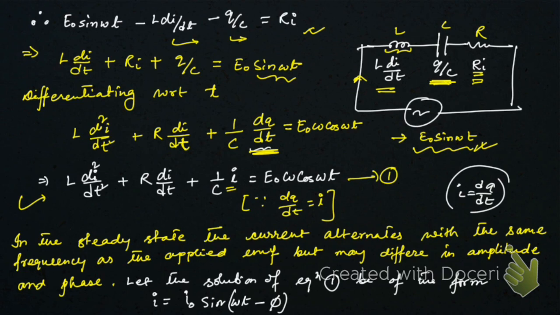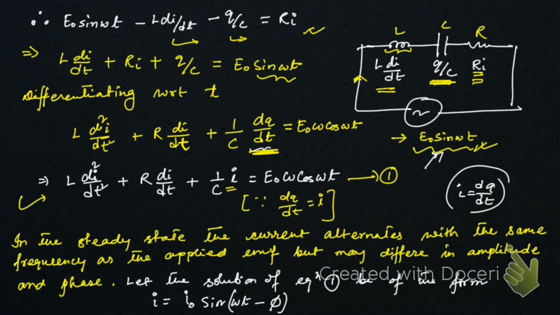Phi is the phase difference from the phase of the applied EMF, right? So phase of current and applied EMF differ by this phi, okay? So let us consider that way.